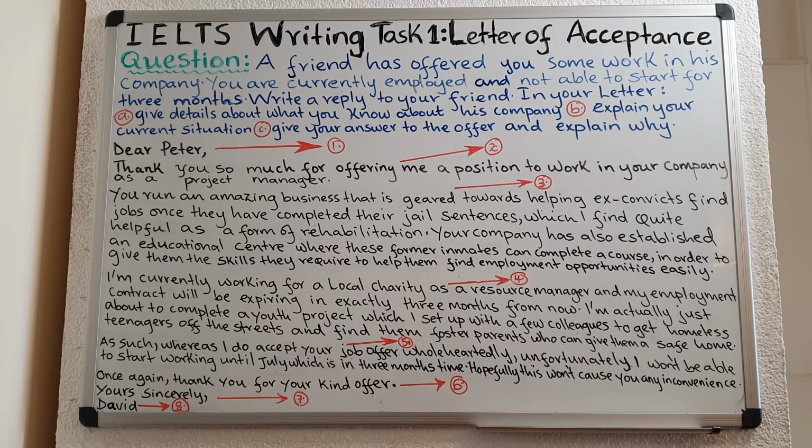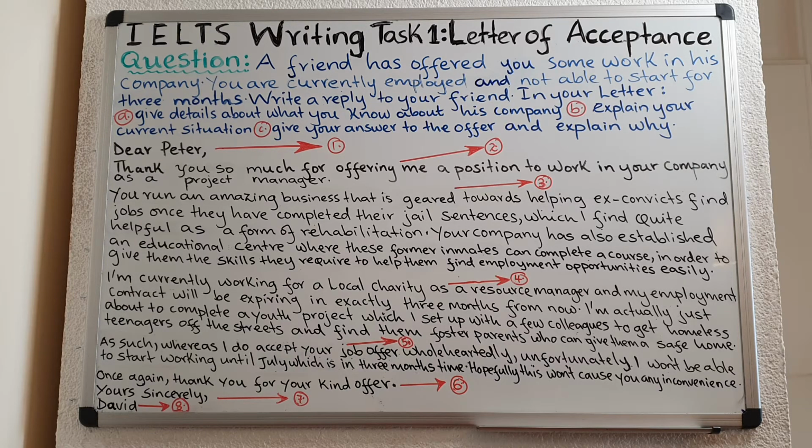Now, let me begin the lesson by giving you some very important information about task 1 for the general training students. You get 1 hour, that is 60 minutes, to write your task 1 and your task 2.